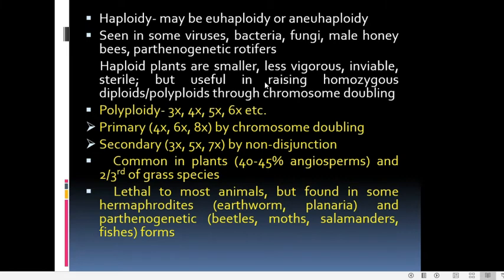Haploidy is seen in certain viruses, bacteria and fungi, and it is very commonly seen in the male honeybee, because male honeybees arise from parthenogenesis. The queens of the honeybee colony are diploid.